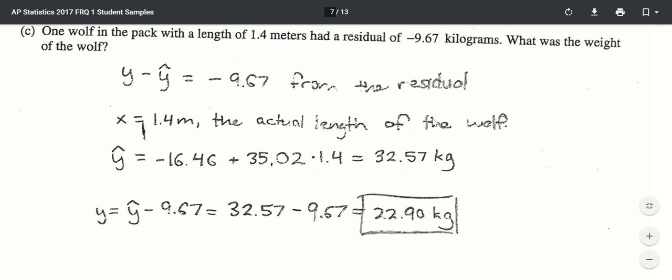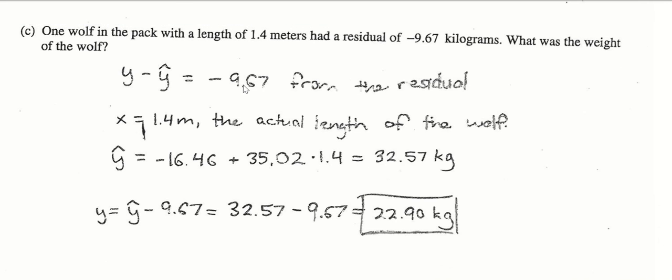In this case, remember that neat little trick, observed minus expected? Well, going up here, this is my observation, okay? This is my expectation, and that's going to give me how far off I am.